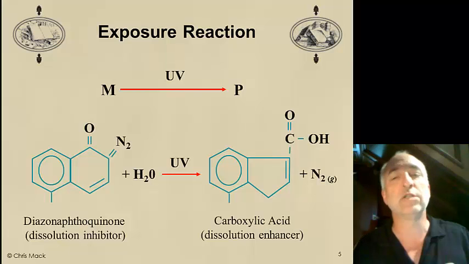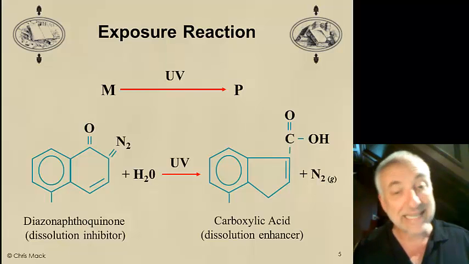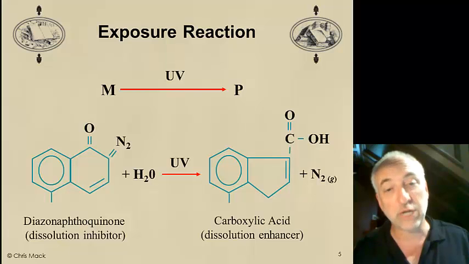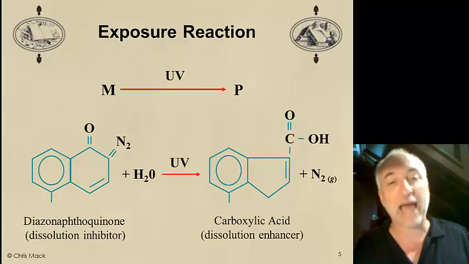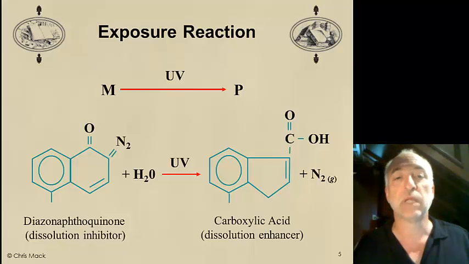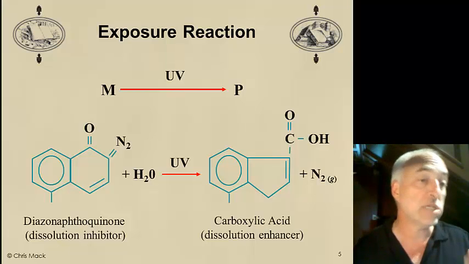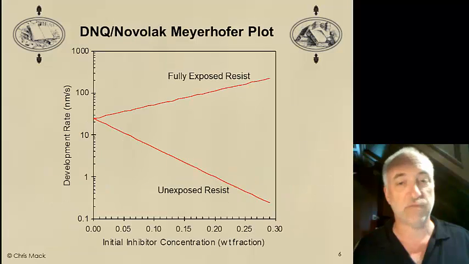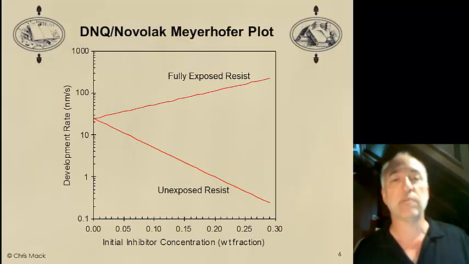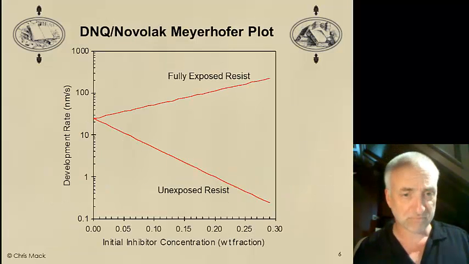But it's more than just that. It's not just that the DNQ is changing from being insoluble to soluble. The DNQ interacts through hydrogen bonding with the Novolak resin to change the solubility of the Novolak resin itself. We can see that in something called the Meyerhofer plot.